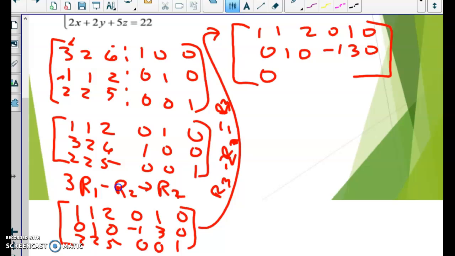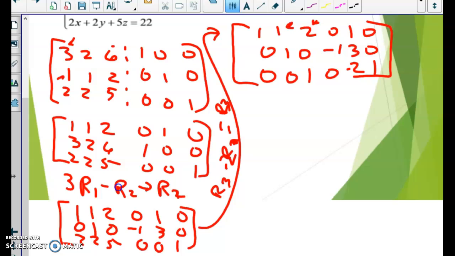And I get 2 minus 2 gives me another 0. That's good. And I get 5 minus 4 is 1. That's good. And then I get 0 minus 2. And 1 minus 0. And then the last thing to do is get that and that.